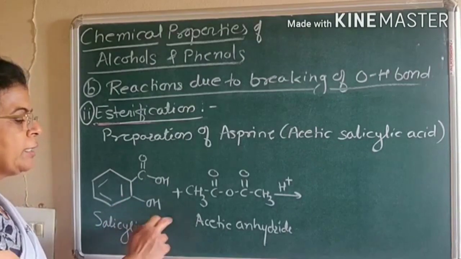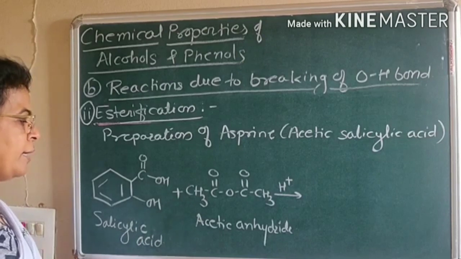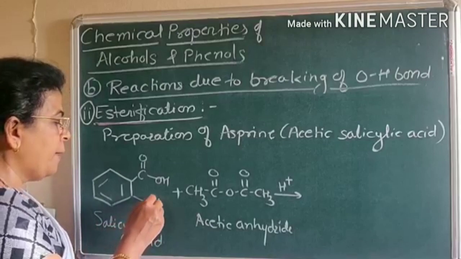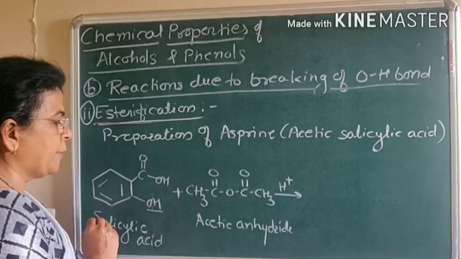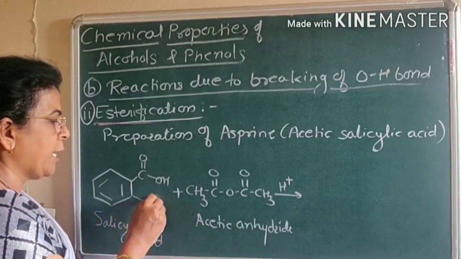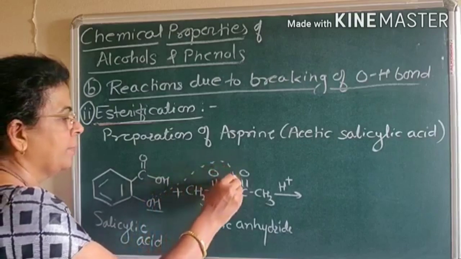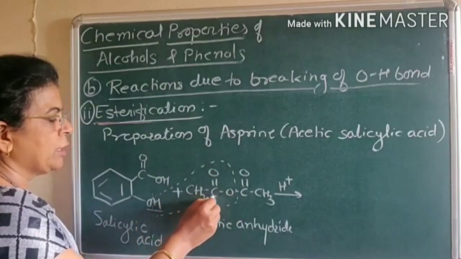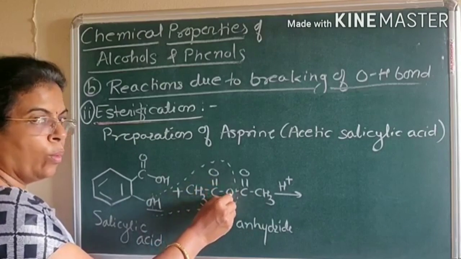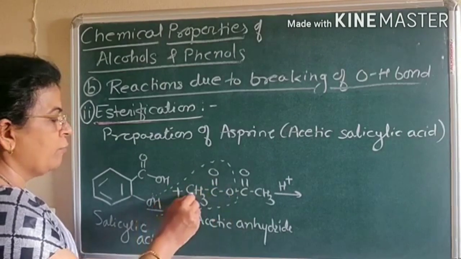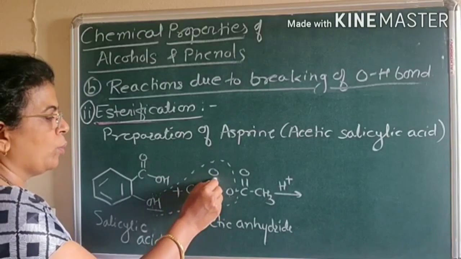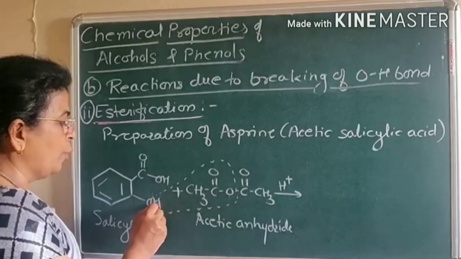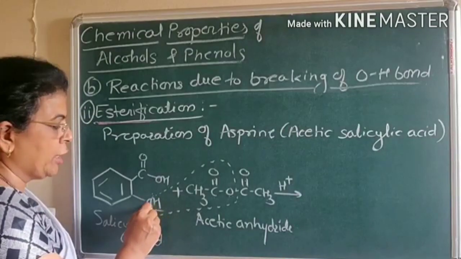When salicylic acid is treated with acetic anhydride, acetylation of the OH group takes place. The OH bond breaks, and the hydrogen atom gets attached to the CH3 C double bond O O group, that is, formation of CH3 C double bond O OH. And the COCH3 group gets attached to the oxygen atom.